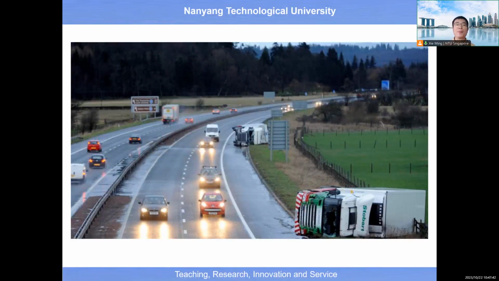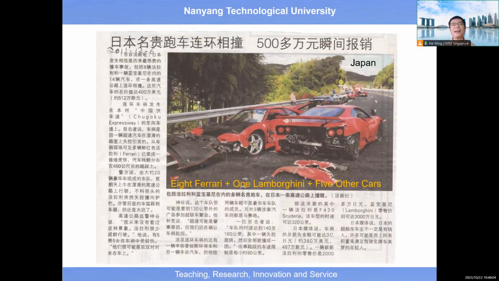So from this picture, you know what we mean by a big accident. When there's an accident, there's a lot of damage and loss in terms of income, revenue, and property, asset, etc. Right? And okay, here is one more example.